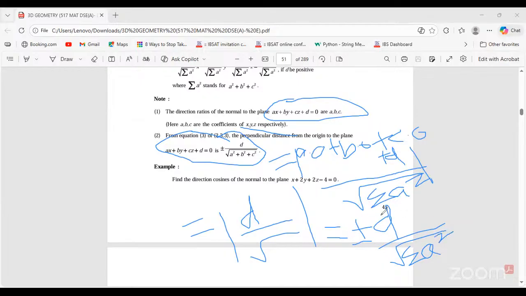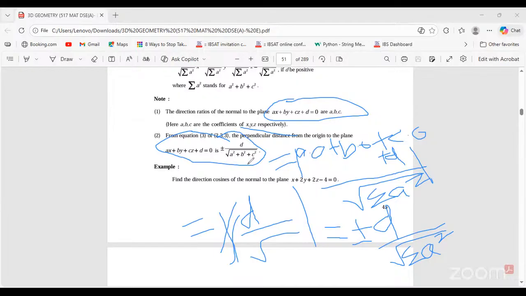Why are we putting plus or minus? For example, if D is positive, modulus of D is also positive. If D is negative, after removing the modulus we get plus or minus values. So the perpendicular distance from the origin to the plane is plus or minus D by under root of A square plus B square plus C square.